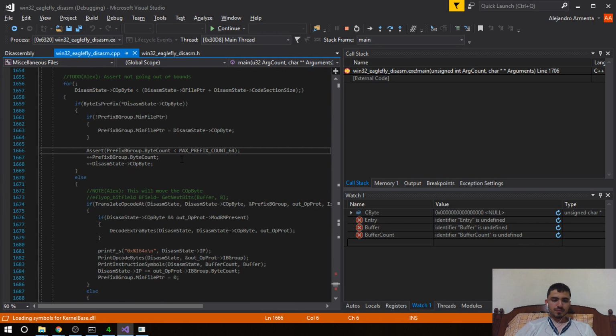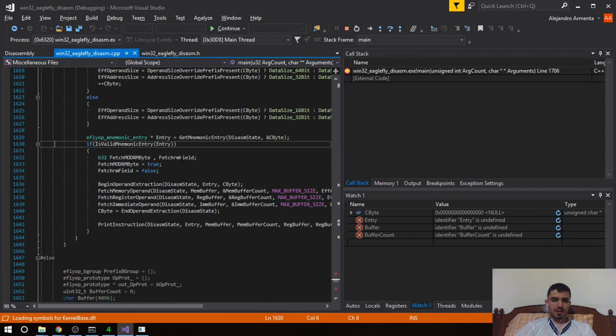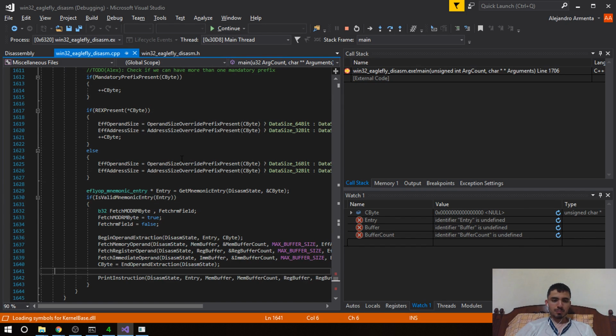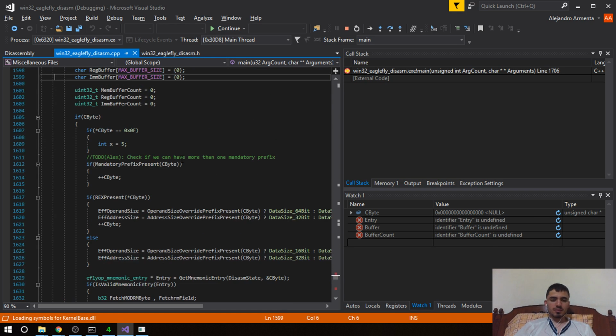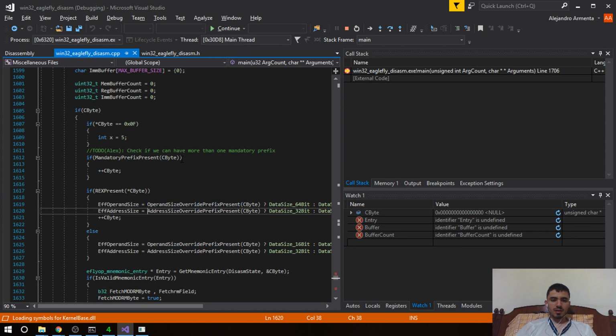So today, now that we print it out, we can try to define a little bit more thoroughly what the operand size override prefix and address size override prefix do. If you remember, these prefixes don't do anything right now, which is something that we could do, of course, like adding the operand size prefix.